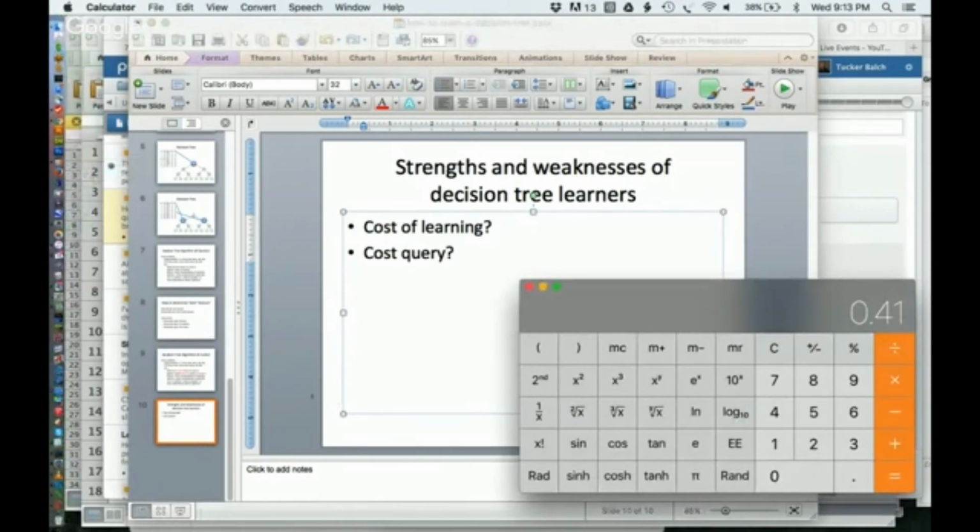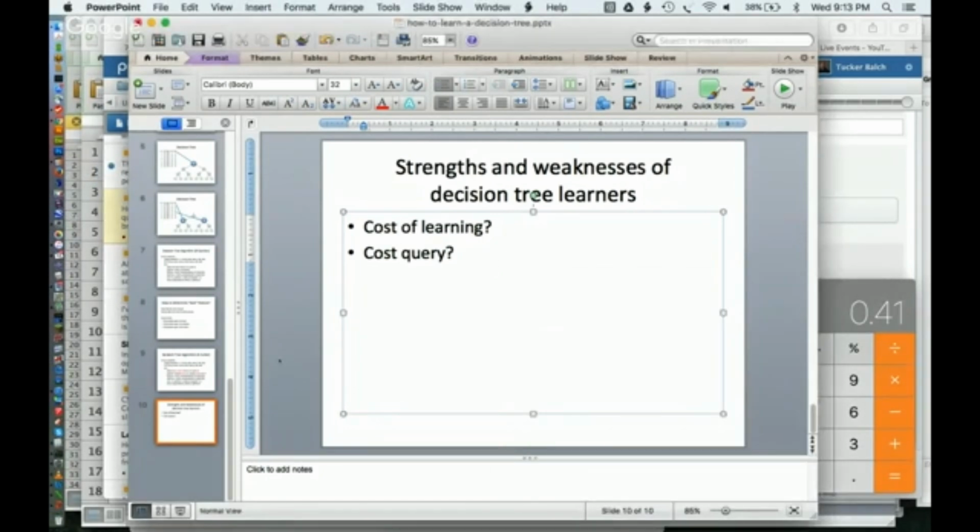I think it's about 10. Anyways, if you build a tree with 1,000 samples, to query it, you at most have to ask 10 binary questions, and that's really fast. Again, decision trees are somewhere in between.